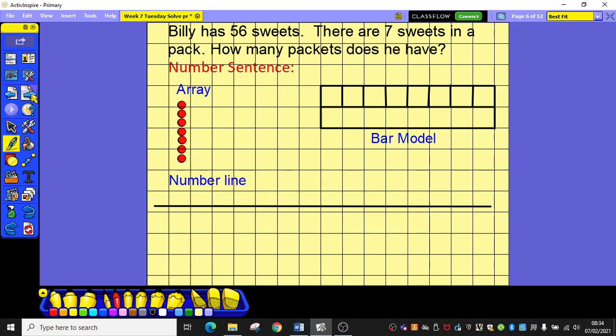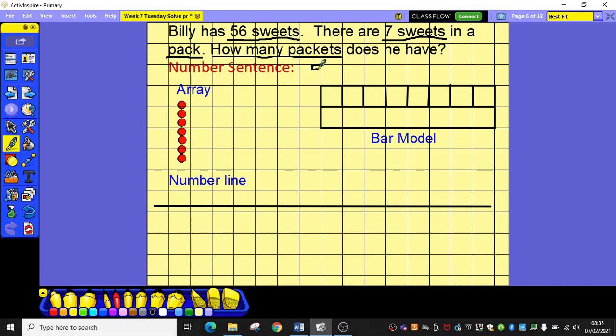Now let's have a quick look at this problem. Billy has 56 sweets. There are 7 sweets in a pack. How many packets does he have? So, very similar to what the Sapphire group did. First of all, we need to work out what is our number sentence.